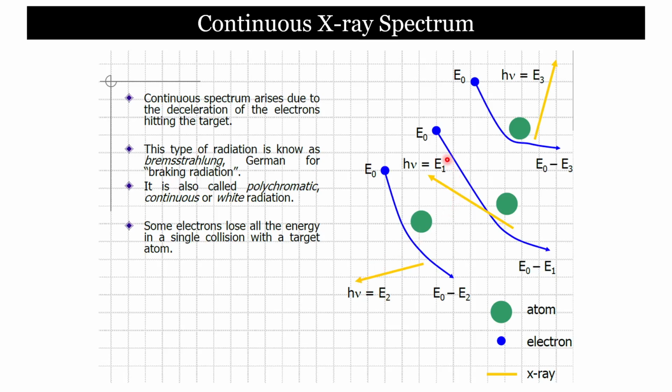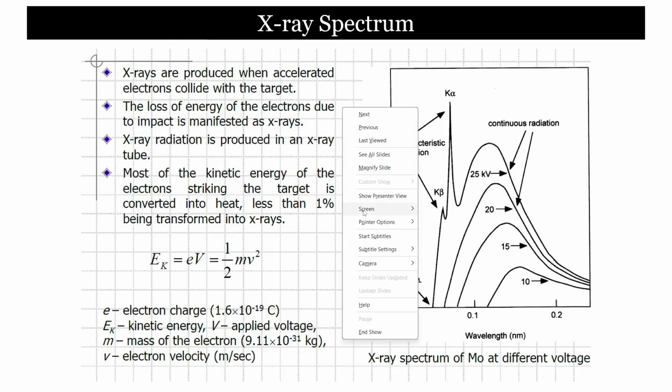Or the electron beam shown by this blue line can be deviated more when it comes close to the atom, so a different amount of energy will be generated in the form of X-ray. Or if the incoming electron beam is very close to the atom, then a different energy of X-ray will be emitted.